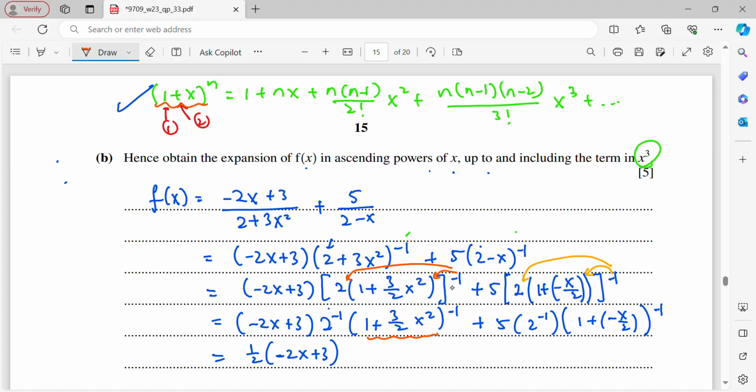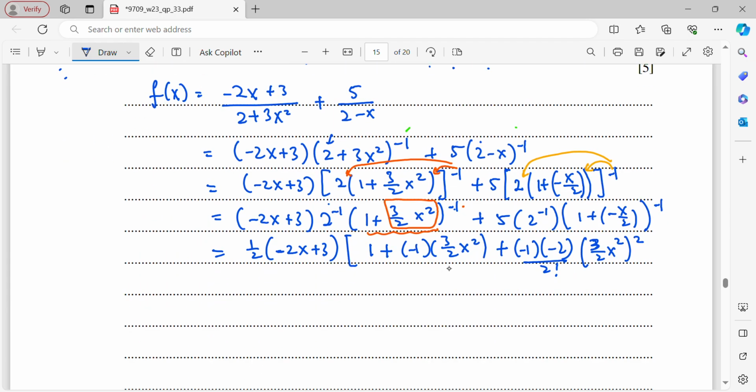Now your n is minus 1, and this x becomes 3 over 2 x squared. Therefore, I will be getting 1 plus, the n is minus 1, then 3 over 2 x squared is my new x, then plus n minus 1 becomes minus 1 minus 1, so minus 2 over 2 factorial. After that, 3 over 2 x squared, you square it. That is my new x squared.